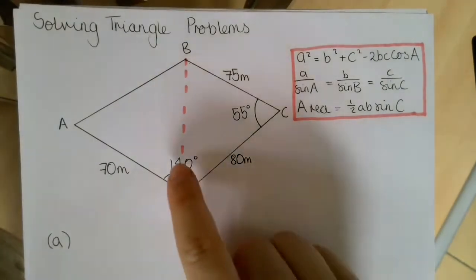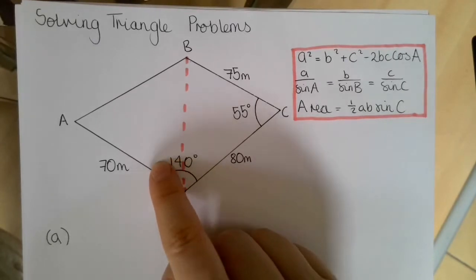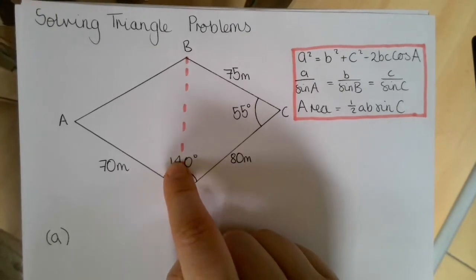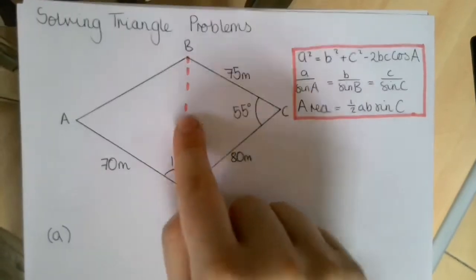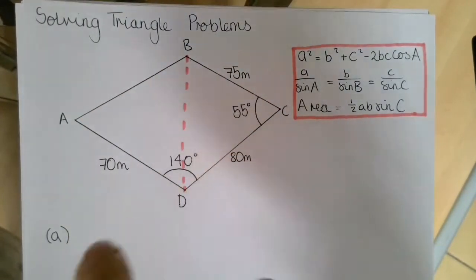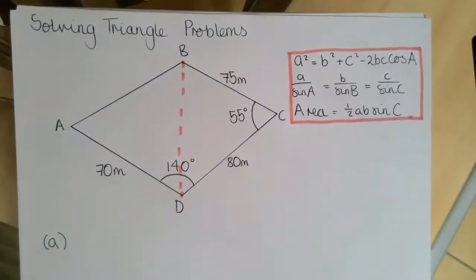So to find out this angle here. Once we found this angle here, and we found this length here, we will be able to use the cosine rule for this triangle. So we're going to, first of all, find that length BD.